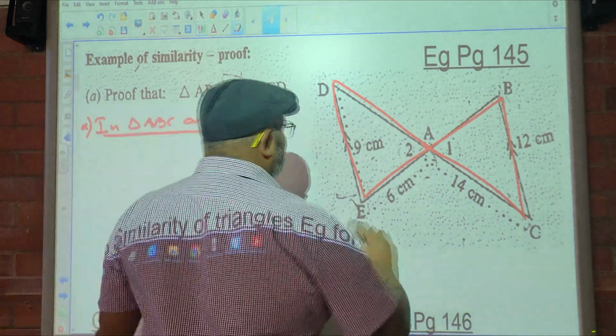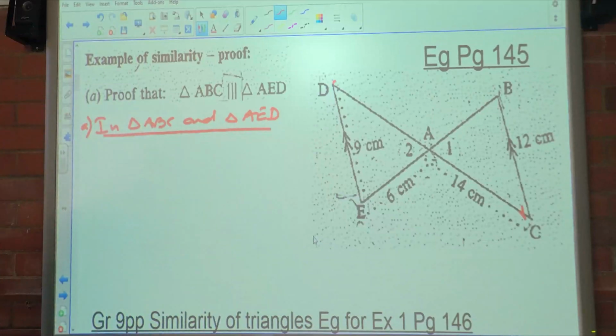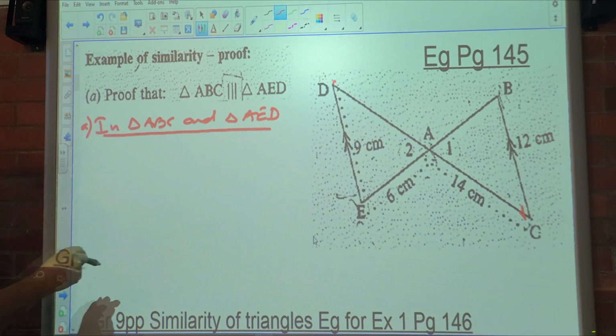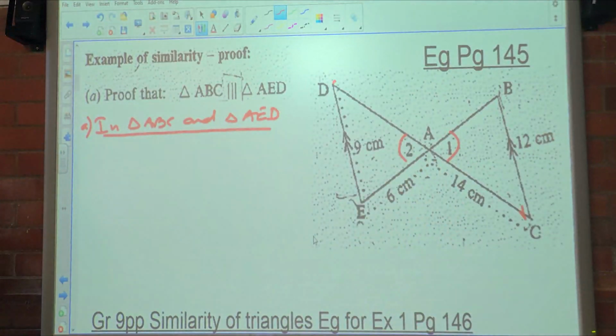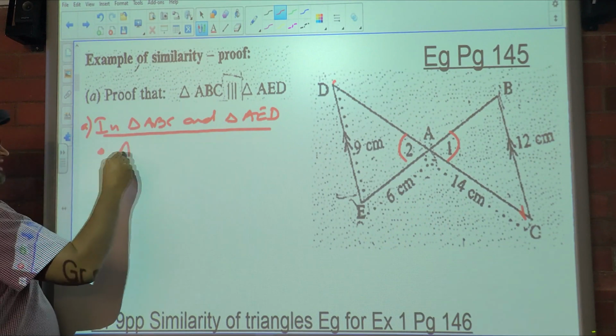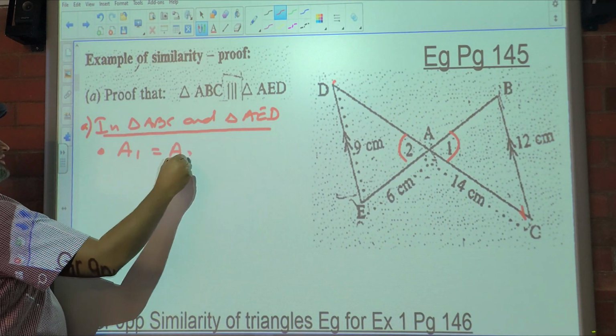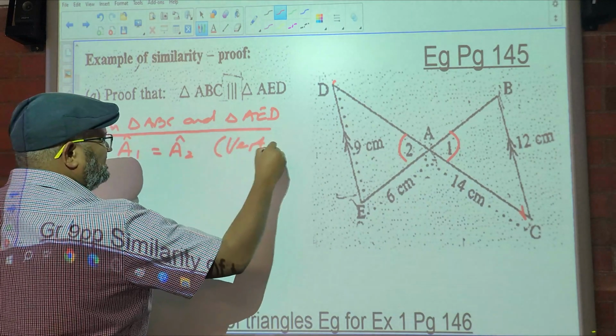So you can tell me the first angle that's the same, with reason. Which angles are the same? Yes, Michael? Angle A1 is equal to angle A2. Why? Vertically opposite angles.